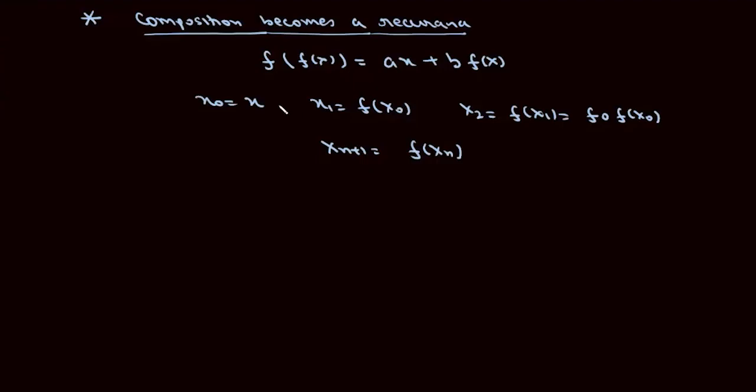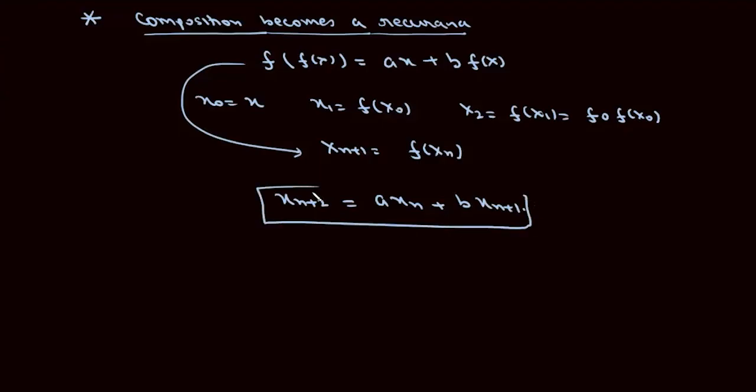So this equation, by continuous application of f, will become a recurrence, which we can write as x_{n+2} equals a x_n plus b x_{n+1}. So this functional equation will change into a linear recurrence.